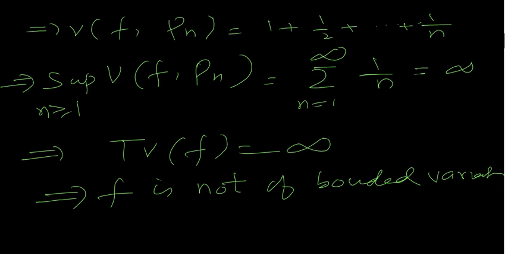That's why we study bounded variation functions, because this collection contains all monotone functions, as we have seen that every monotone function is of bounded variation. We will see that a function is of bounded variation if and only if it is the difference of two monotonic increasing functions, and that this collection is actually a vector space.